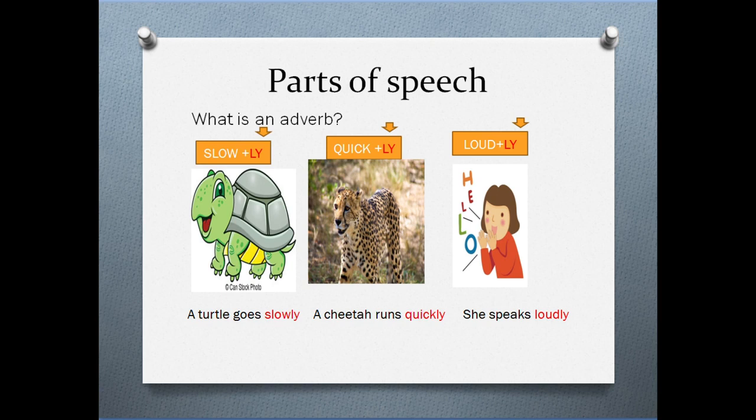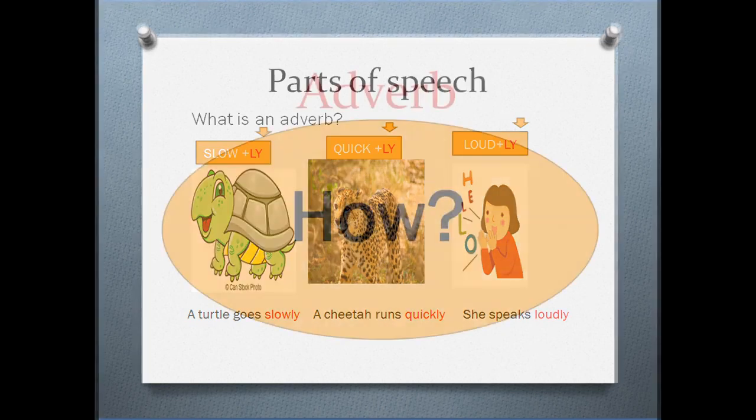A cheetah runs quickly. A girl speaks loudly. So you should write down in your notebook. A turtle goes slowly. A cheetah runs quickly. A girl speaks loudly. Okay, go ahead.